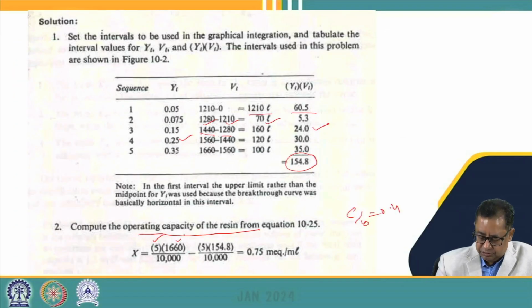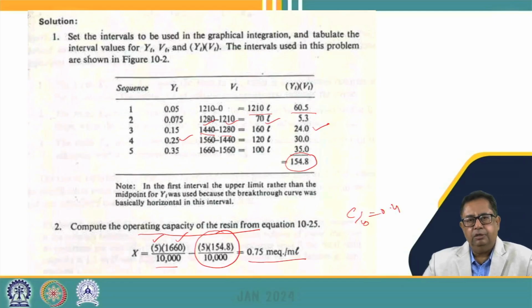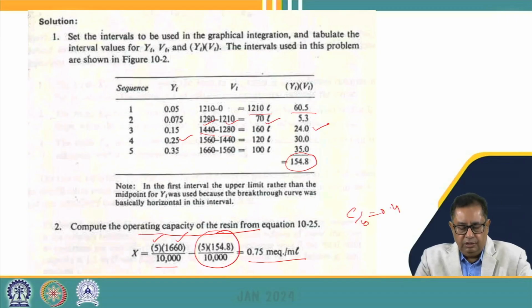Okay, so this is 1660 divided by 10,000, minus the leakage that has happened during this process. So this represents the leakage, and we can say that this is equal to around 0.75 milliequivalents per ml of resin. Calculate the operating capacity corresponding to C by C naught equal to 0.54. Okay, so that's how we can calculate the operating capacity of the resin.